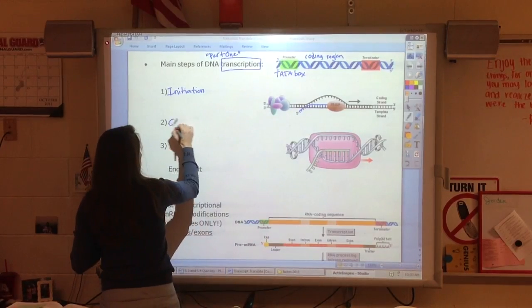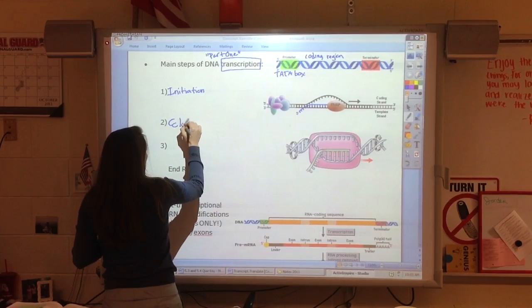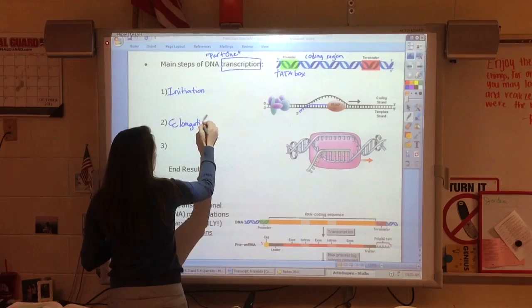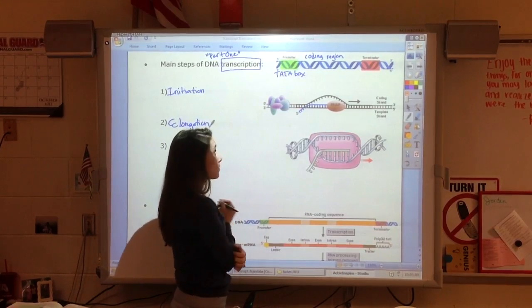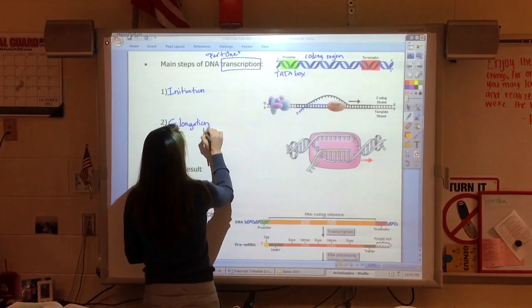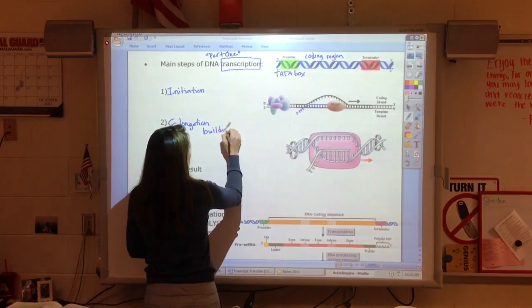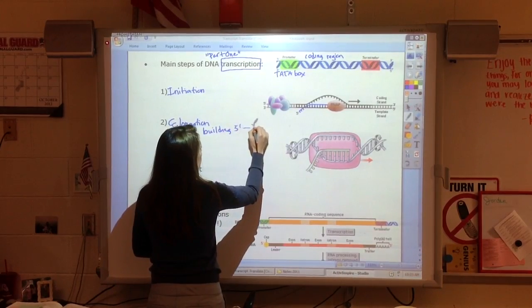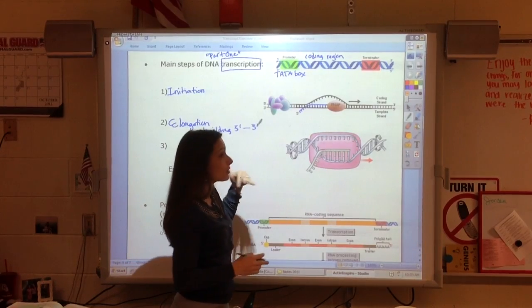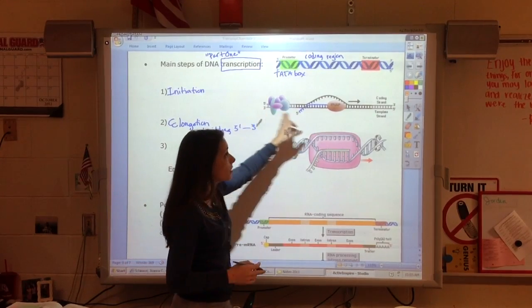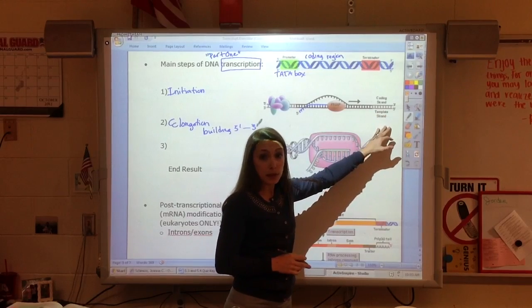During elongation, we do want to keep in mind that we are synthesizing mRNA, and we're still building in the 5' to 3' direction, and so that would mean that we're actually building on a 3' to 5' template.